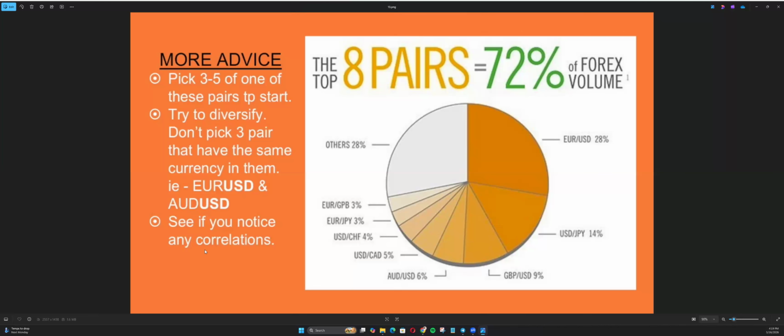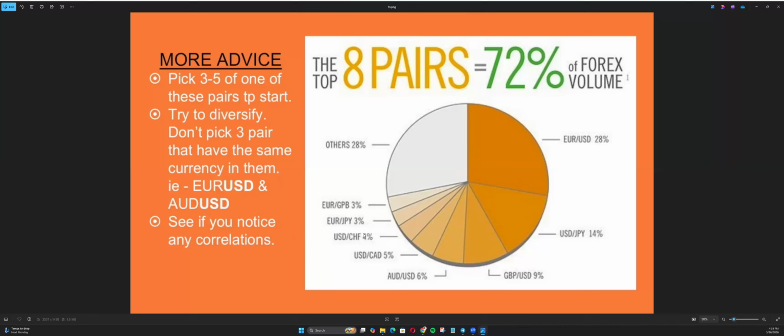It says see if you notice any correlation between them. So if you look here, there's what we call correlation. We have Euro GBP and Euro USD. The correlation here is the euro. They are related because they have euros in both pairs. We have Euro JPY and USD JPY. So the correlation there is the JPY.